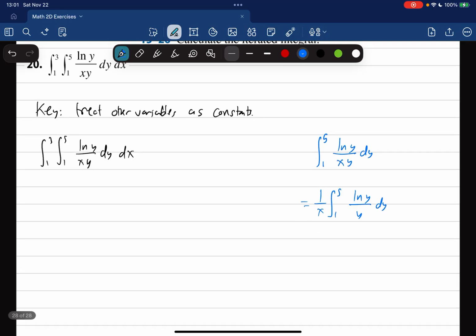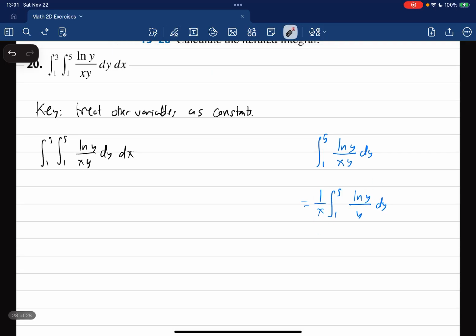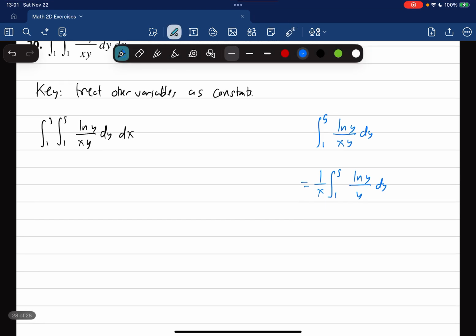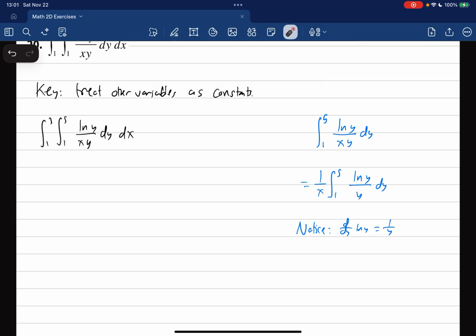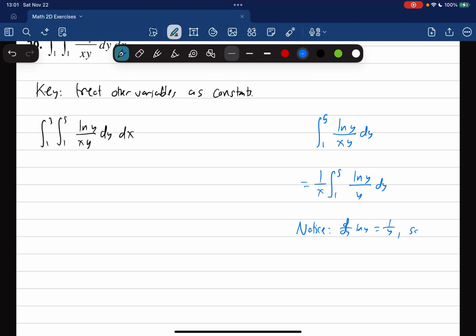How do we evaluate this integral right here? Well, one thing you might notice is that because the derivative of ln y equals 1 over y, and we have a 1 over y occurring, we can do a u substitution.